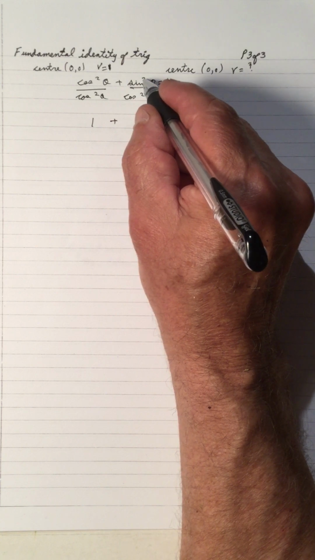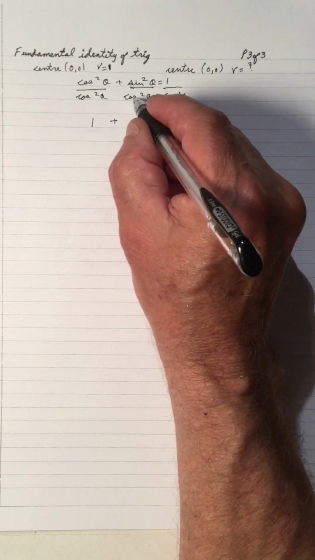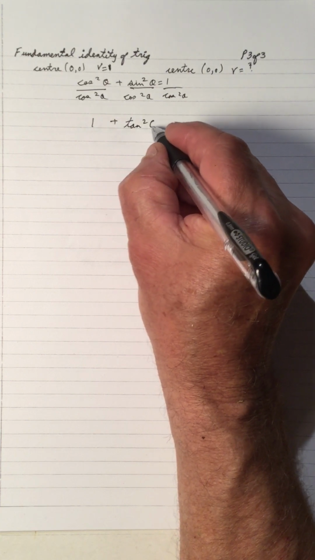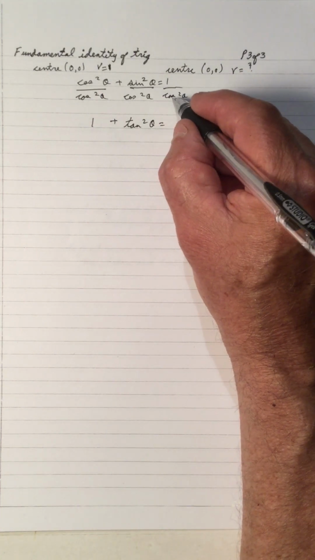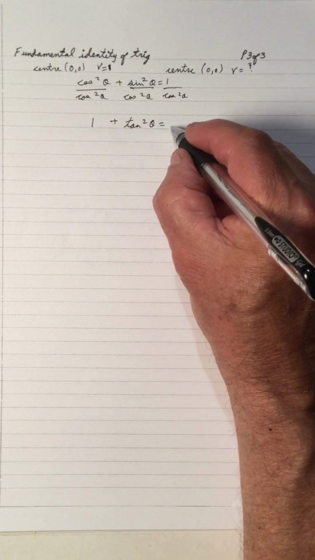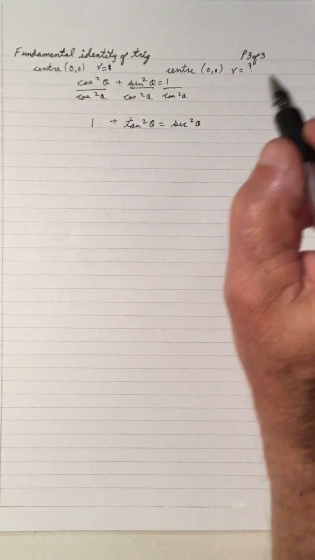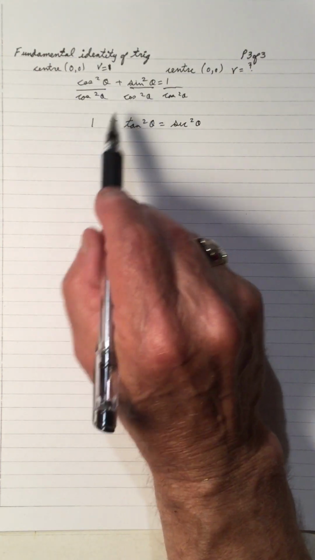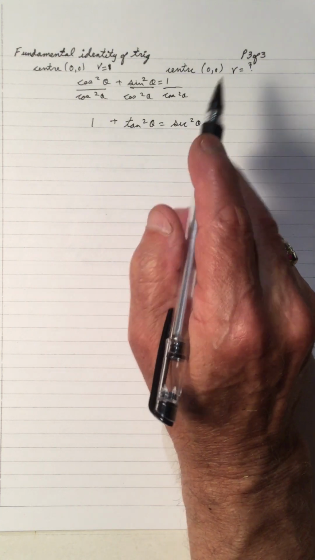And sine squared divided by cos squared is the same as tan squared, because tan is sine over cos. And 1 over cos squared, the reciprocal of cos, is secant squared. So, out of the fundamental identity, by dividing by cos squared, we have 1 plus tan squared is secant squared.